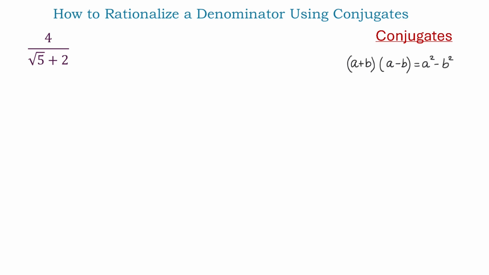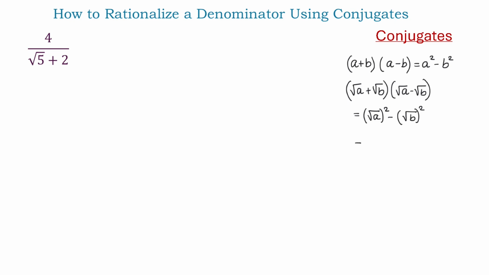Now, we can also have conjugates that involve square roots. For example, let's say we have square root of a plus square root of b. The conjugate is square root of a minus square root of b. Now, if we multiply them, then according to the formula above, we will have square root of a squared minus square root of b squared.